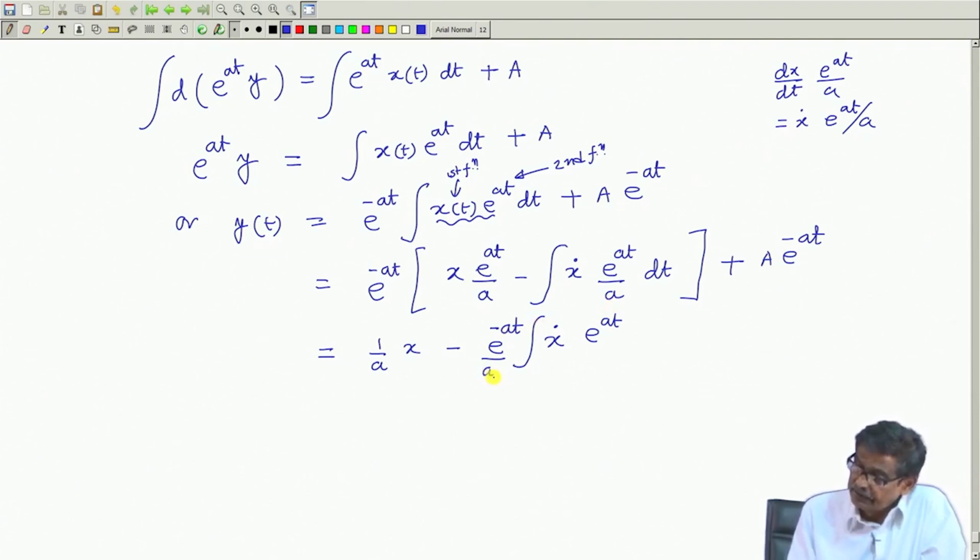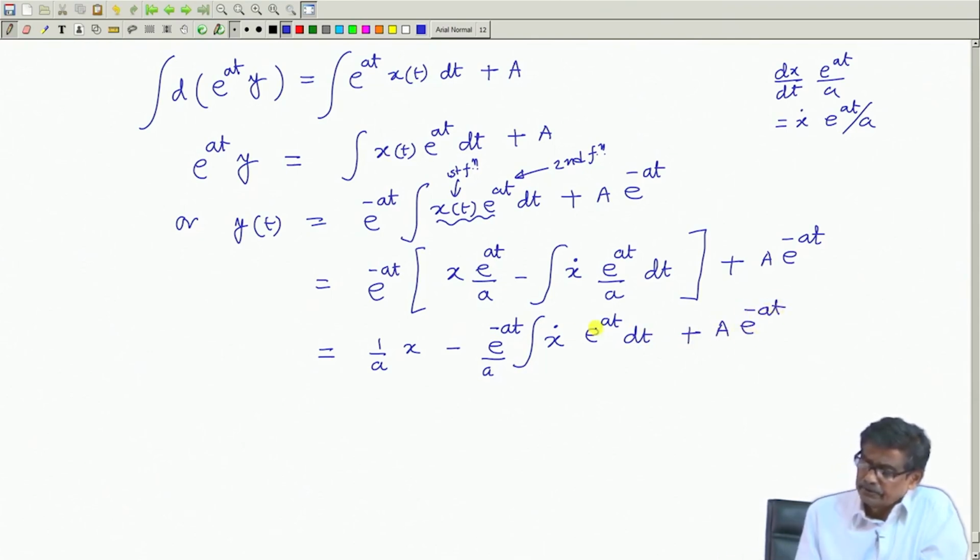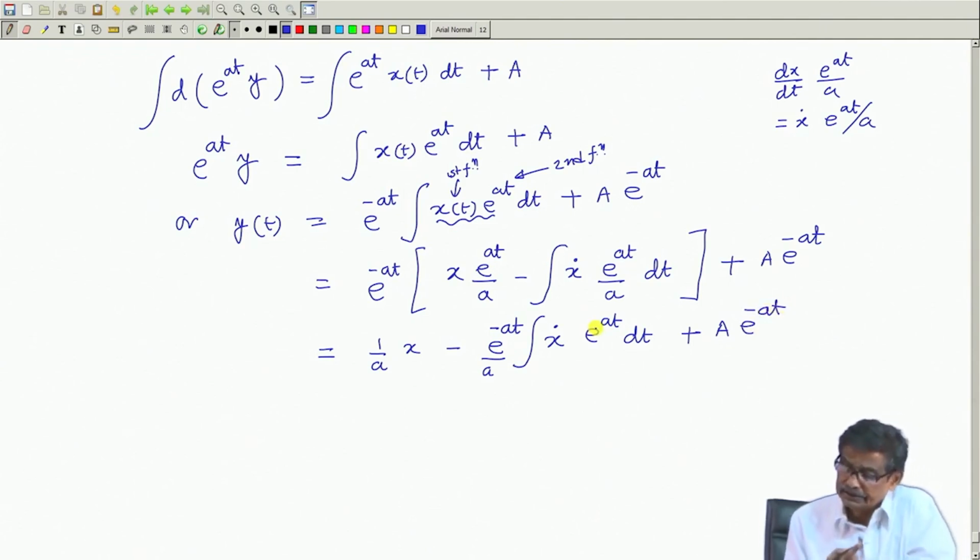So, I have written into dt and plus this term. A is that integrating constant we have already written. Clear? You used the product of integration property: first function into integration of the second, minus differentiation of the first function, that is x dot, dx dt, into e to the power a t by a and so on.